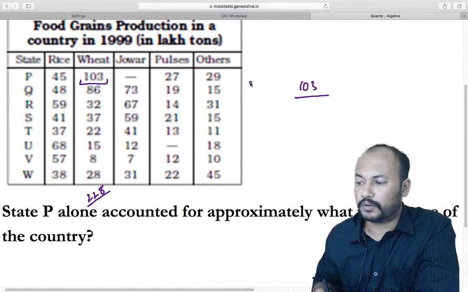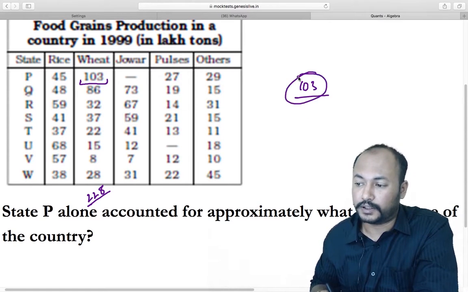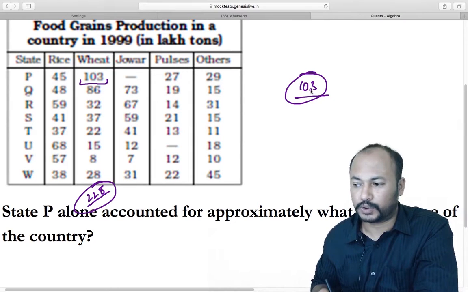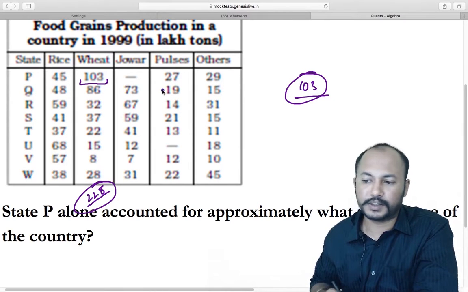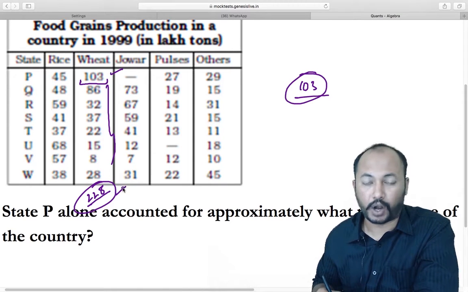That will be how much? Let's do one more thing. 103 and the remaining is this value. This value 228 is more than 2 times 103. Correct? 103 is the wheat production and the remaining is this value. I hope you are following.